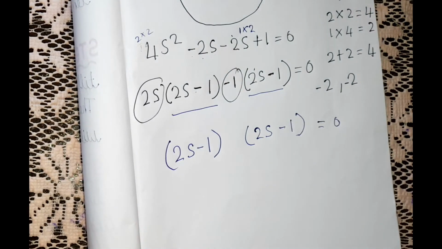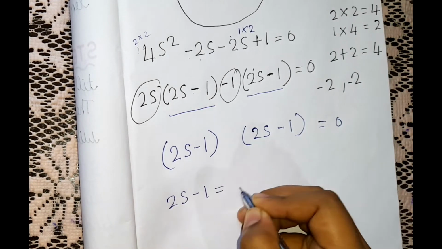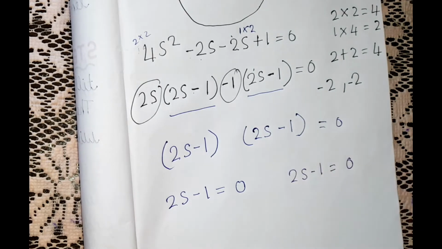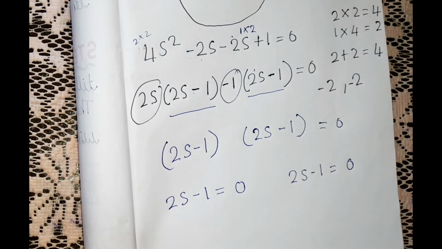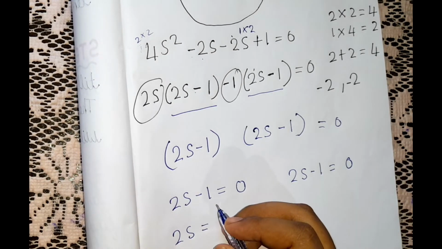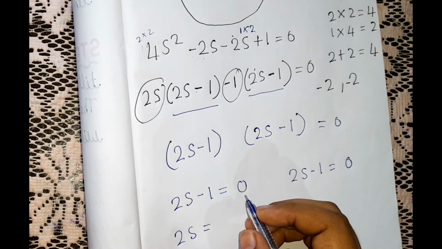So now what we are going to do is put zero for each of them. So here 2s minus 1 is equal to 0, and 2s minus 1 is equal to 0. Okay, now let's write 2s is equal to, when this minus 1 comes to this side, that is the right side, then it changes its sign.